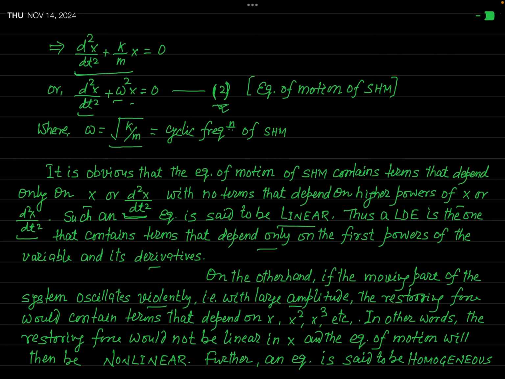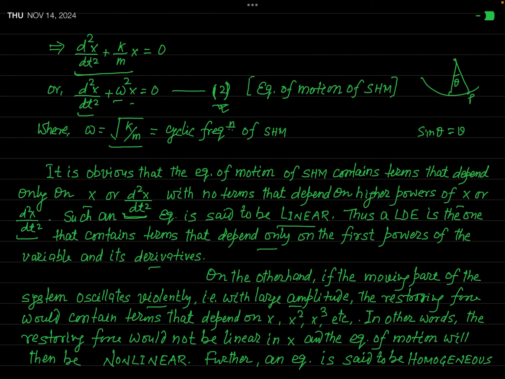For example, in the case of the simple pendulum, you have seen that sin theta cannot always be replaced by theta. We have discussed already the problem of the simple pendulum, where theta is the angular displacement at any time t.